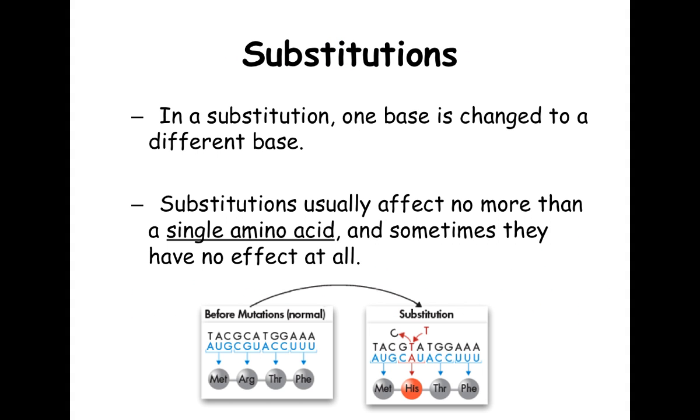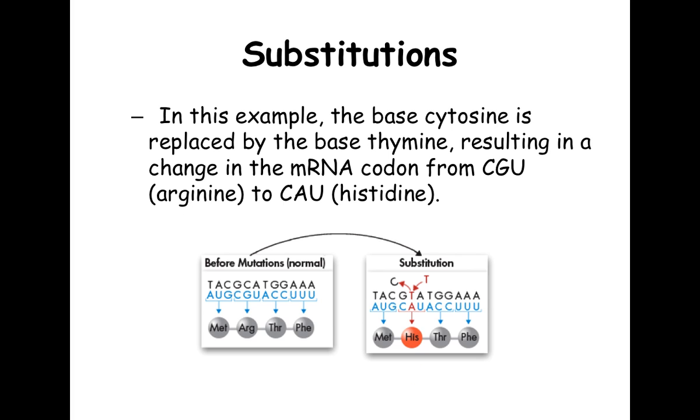So in substitution, it works very much like substituting on a team. You take one base out and you change it into another. So substitutions usually affect no more than a single amino acid, and sometimes it ends up not having an effect at all. Now, if we look at the example here, we are actually replacing this base here, this cytosine, with thymine.